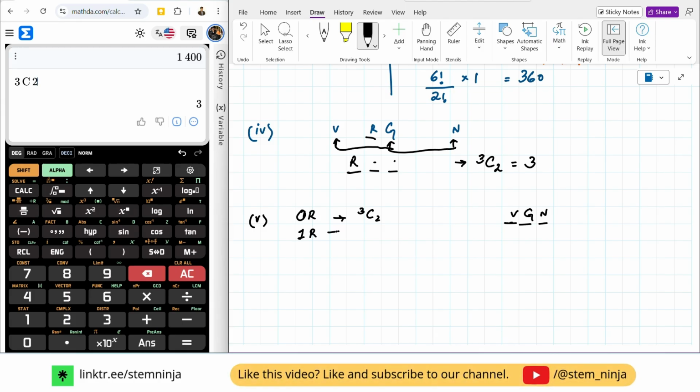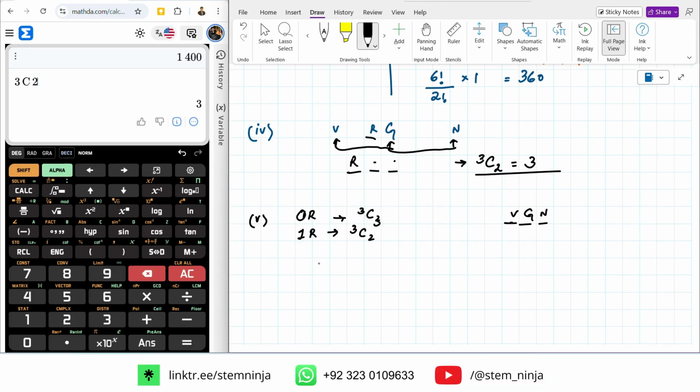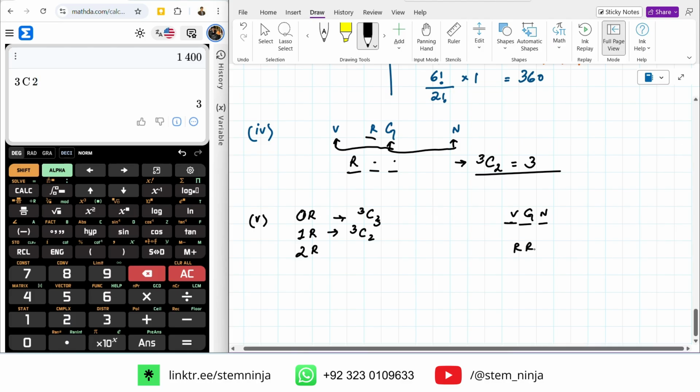1 R has been selected, so we already did this one. So that is, oh sorry, this is going to be 3C2, my bad. And if 2 R's are selected, that means there's only one choice, so 3C1.